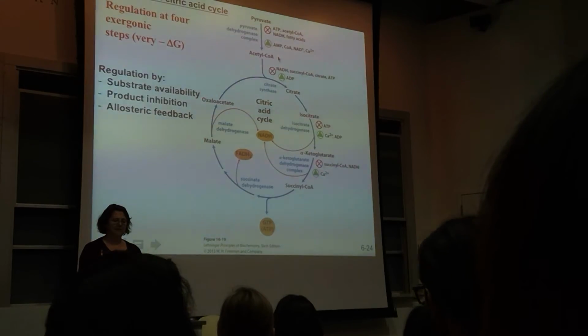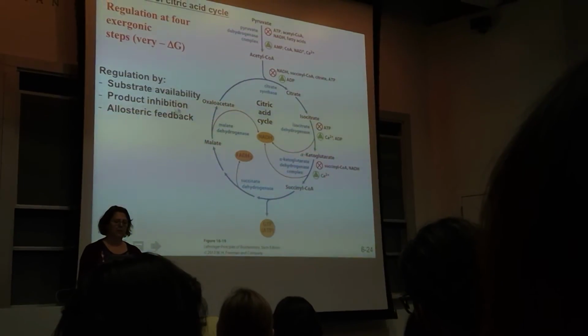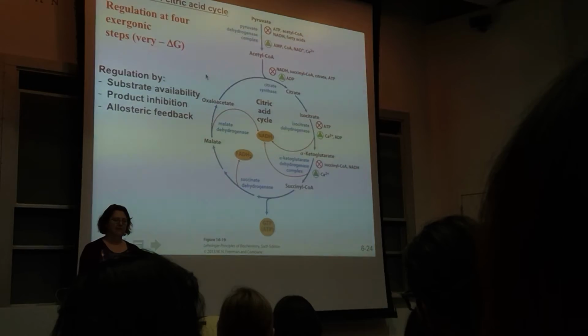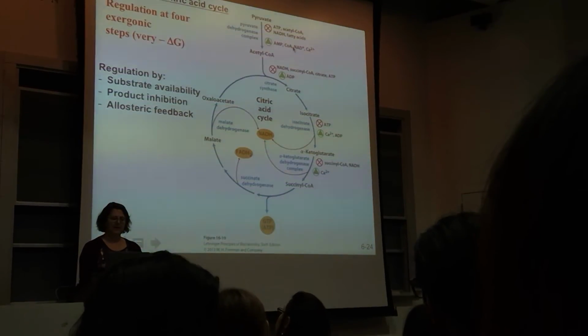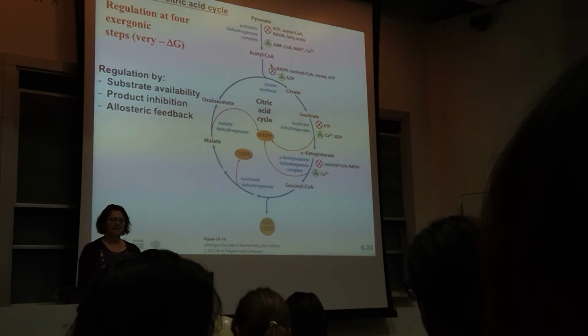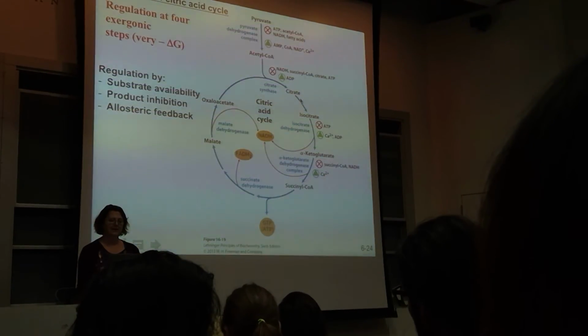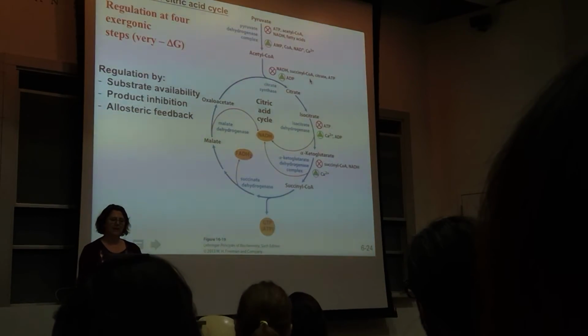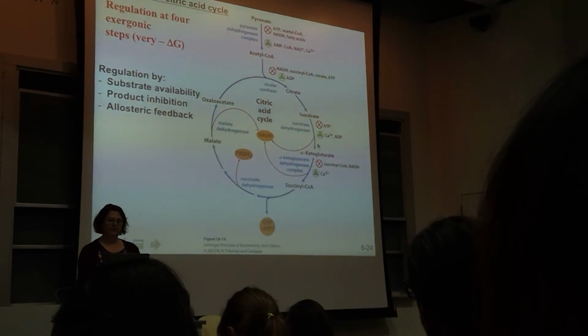If we get to the next, this is mostly product inhibition, some by substrate availability, and there's also a covalent modification here. So if we look at the next one, we can move on to, for example, citrate synthase. Again, for citrate synthase, you have acetyl-CoA plus oxaloacetate to citrate, and you are being inhibited by the products, citrate, by ATP, succinyl-CoA, which is further down.